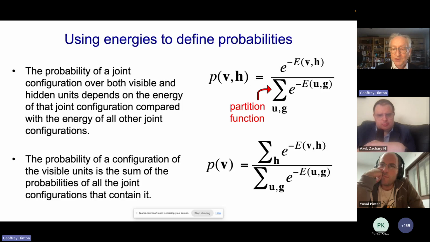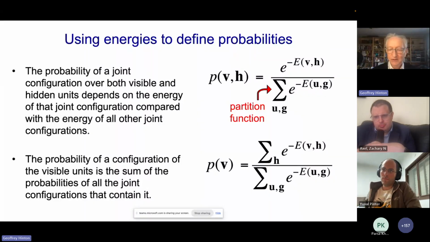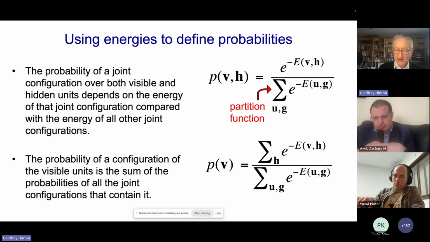The probability that it will generate a particular vector on its visible units at thermal equilibrium will be the sum over all the possible hidden configurations of e to the minus the joint energy of v and h, divided by the partition function. So that's the computation you'd have to do if analytically you wanted to work out from the weights the probability of this thing having vector v on its visible units when it's generating data. It's running without any input, just generating data on the visible units.